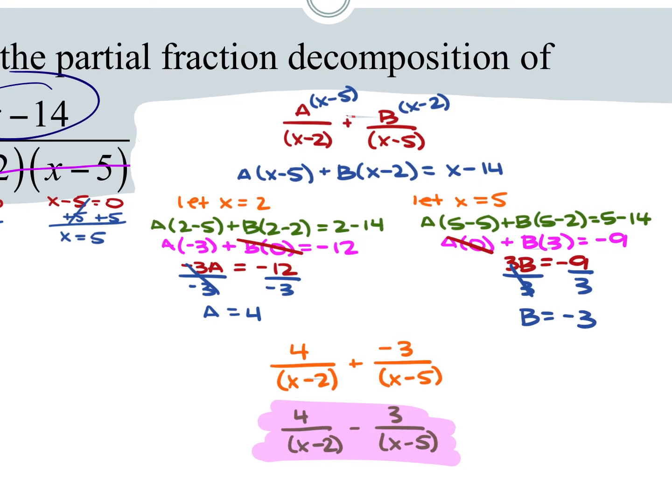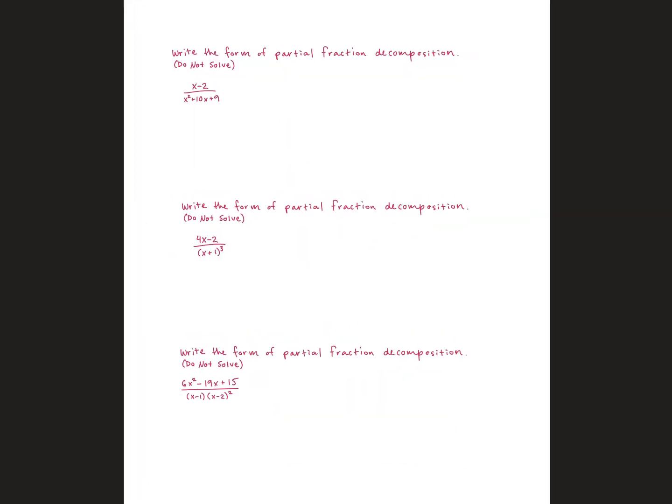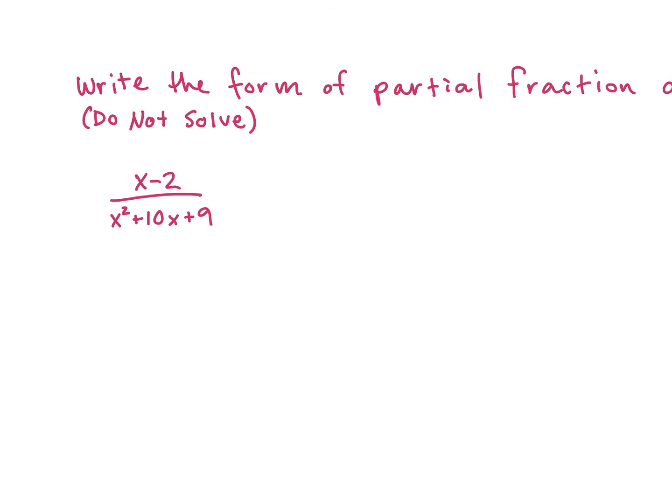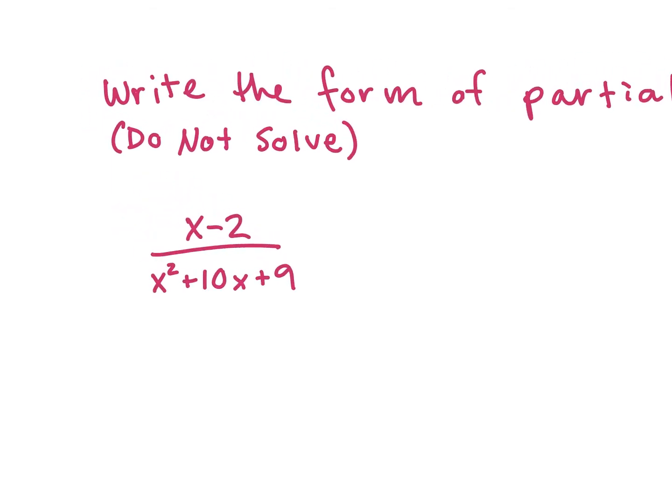Our next example, we have x minus 2 over x squared plus 10x plus 9. So with this one, our denominator is not factored for us, so we're going to factor it first. That 9 has factors of 1 and 9 that add up to be 10. So this factors out to be x plus 1 times x plus 9.